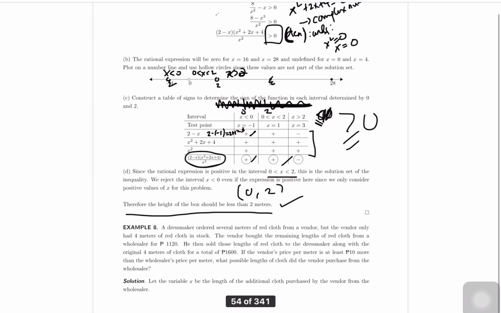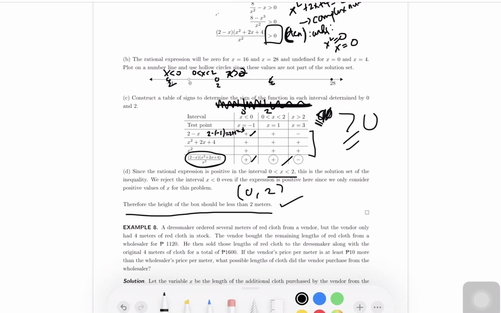Okay, last. So a dressmaker ordered several meters of red cloth from a vendor. But the vendor only had 4 meters of red cloth. The vendor bought the remaining lengths of red cloth from a wholesaler for 1,120.